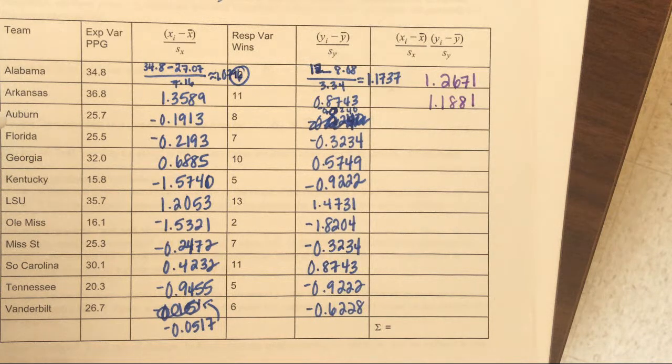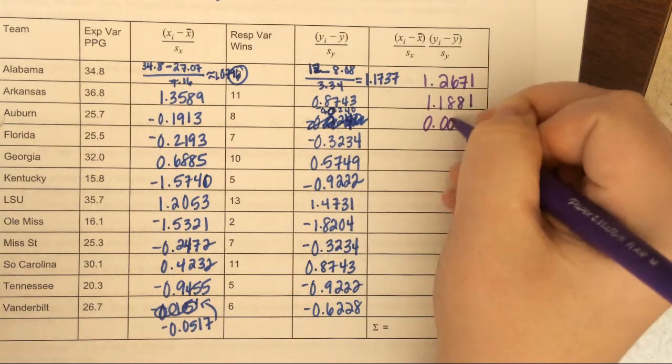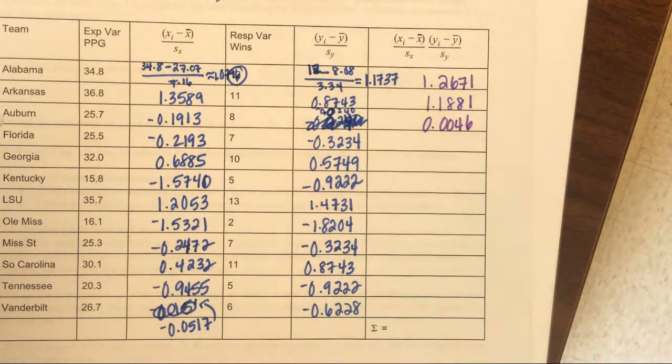When I multiply negative 0.1913 times, thankfully they fixed this one for me, negative 0.024, you want to put the extra 0, which Sally is right, is unnecessary, you get positive 0.0046. It was 459, so I'm saying 46.